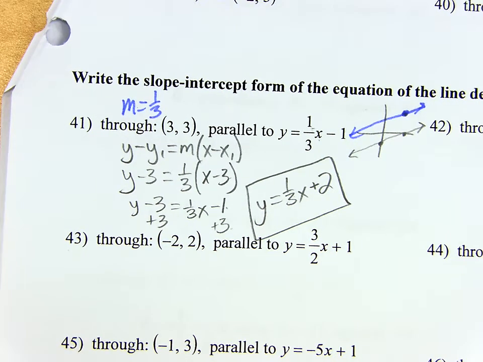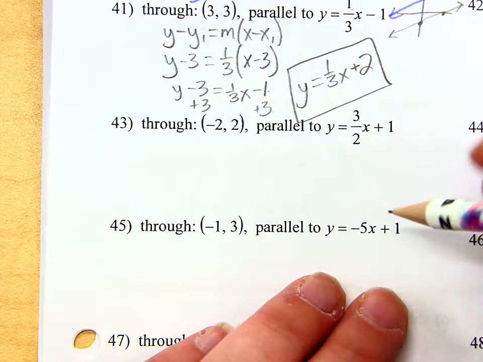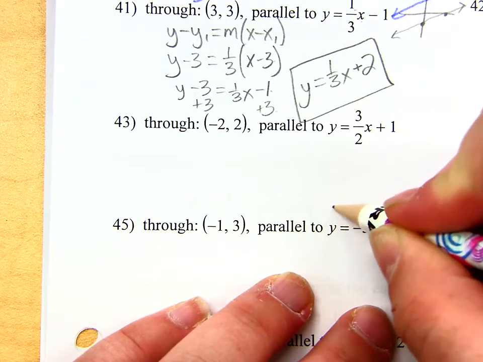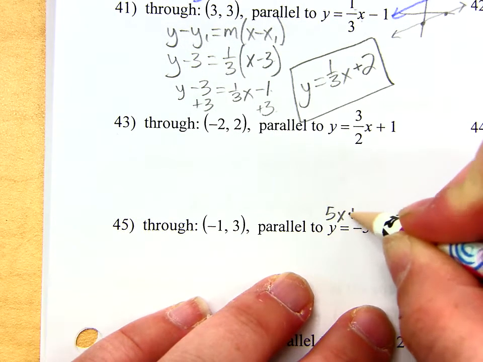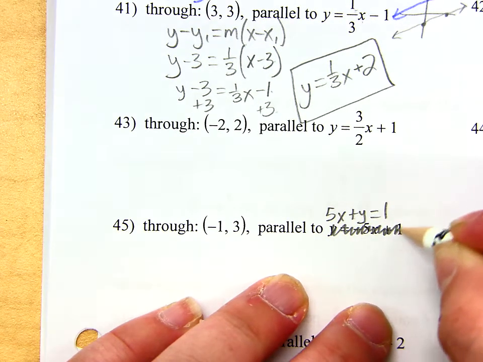I want to change one tiny little thing. Let's try number 45, but before you do it, let's say it was this. Cross out that equation and put that one in instead.